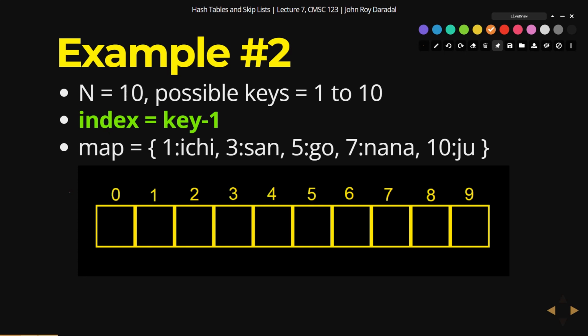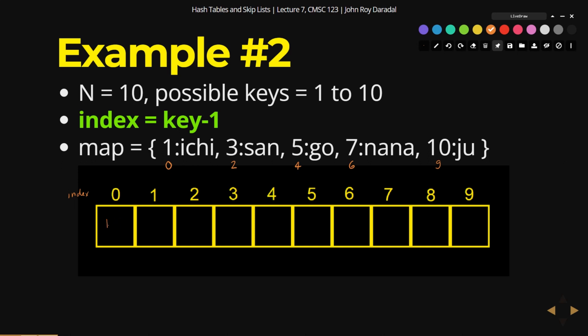Okay? So if these are your indices, and this is your map, where would we put this? Okay, so for 1, this would be at index 0. For 3, this would be at index 2. For 5, this would be at index 4. 7 at index 6. And 10, index 9. Okay? So let's put all of that into the array.